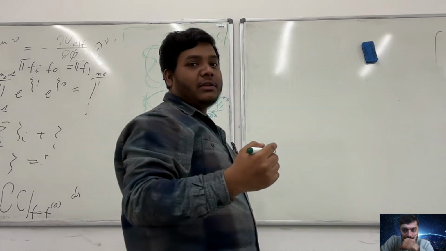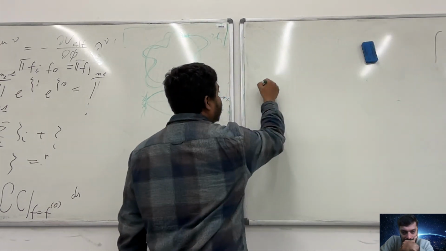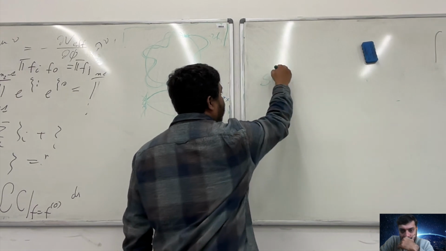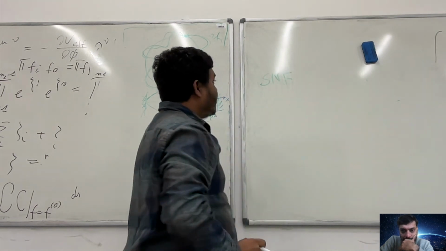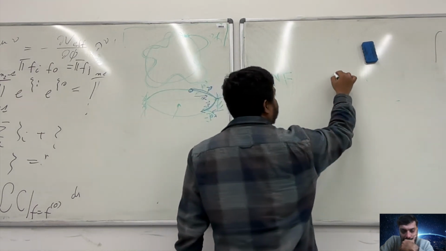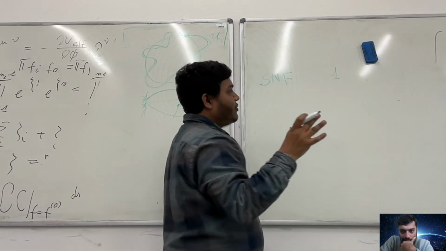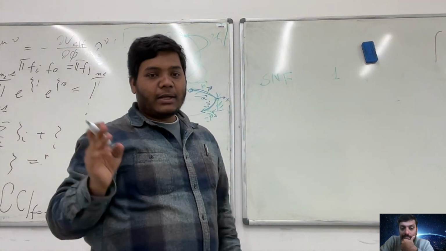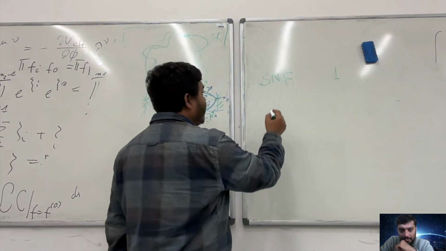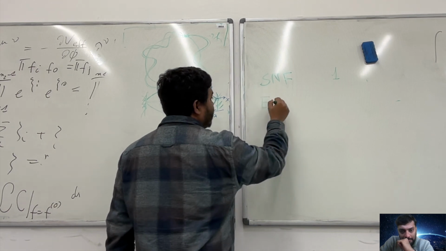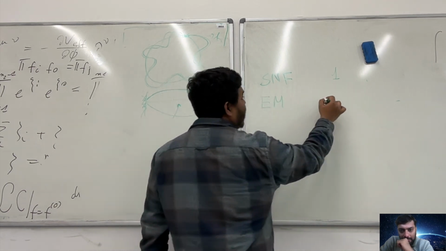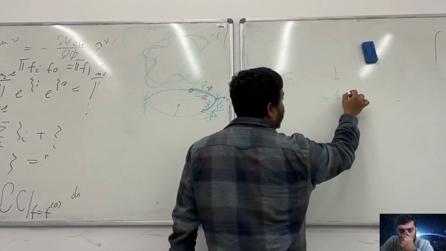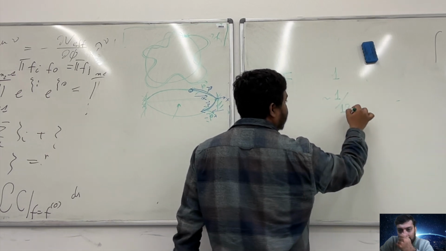If I start with the strong nuclear force and consider its strength as a unit of one, then for electromagnetic interaction the corresponding strength is of the order of 1 over 137.